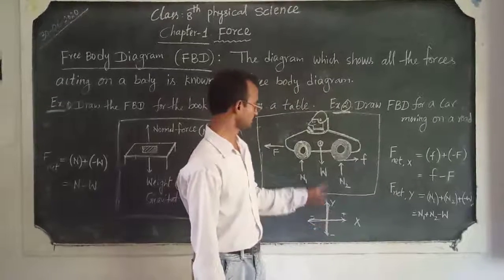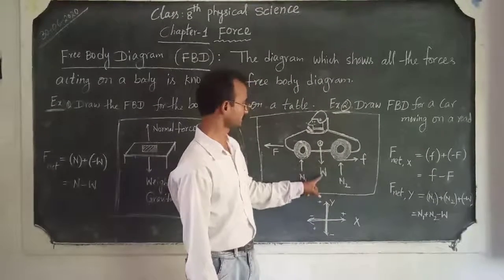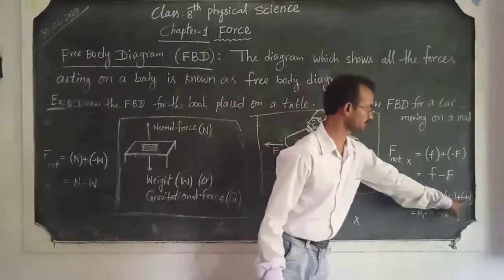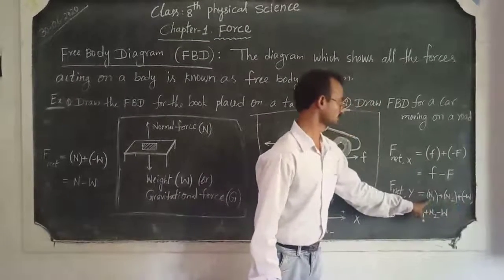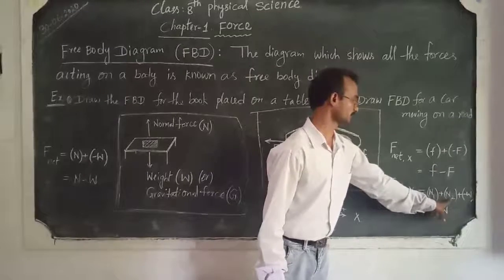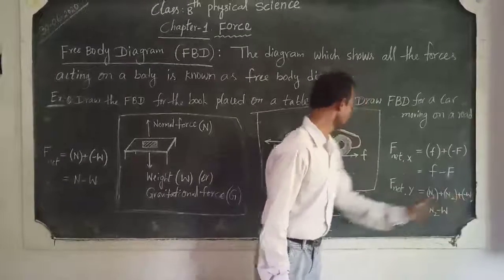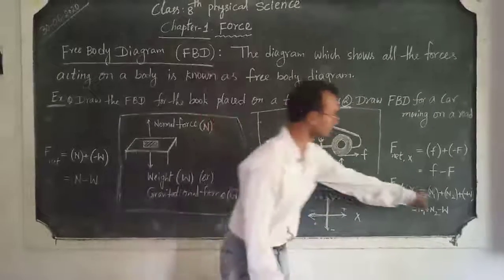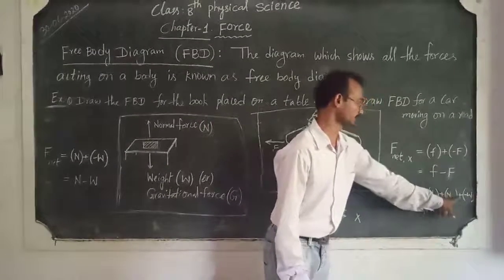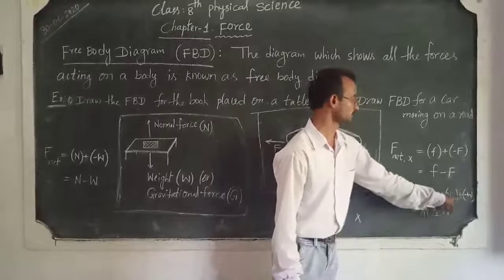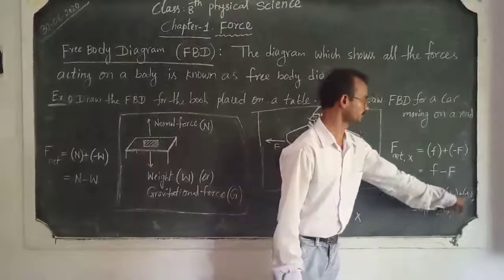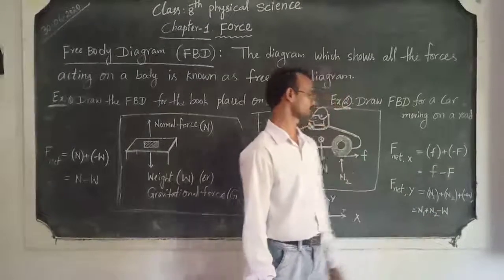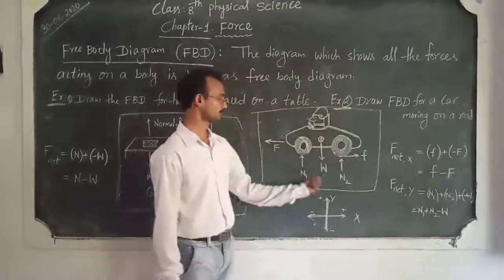And the other force, weight, is the downward direction force, so it is taken as minus W. N1 and N2 are positive and W is negative, because it is downward and those are upwards. So the sum of all these forces gives N1 plus N2 minus W, which is the net force acting along the y-axis.